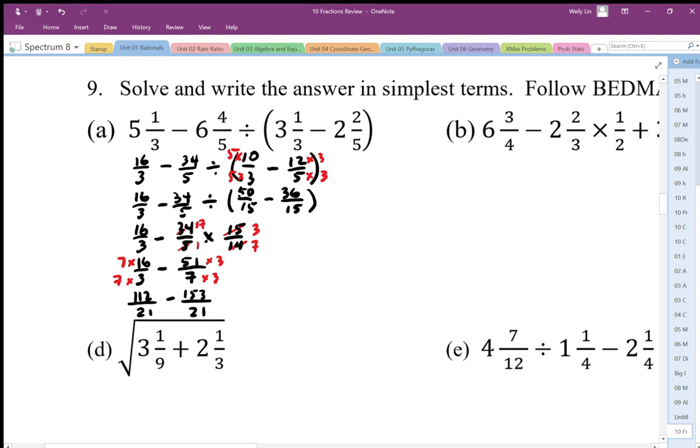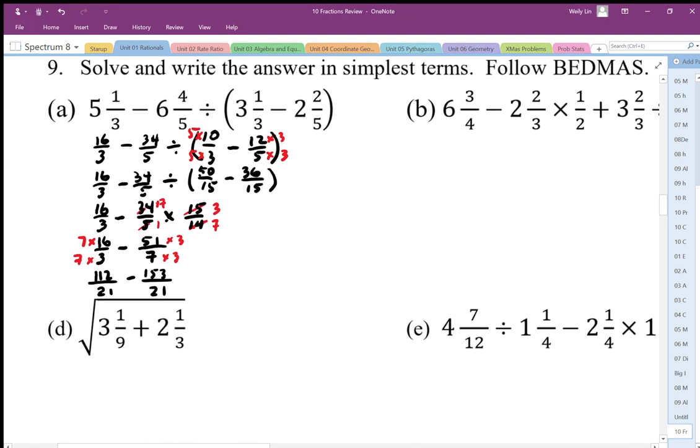Okay, so then once we've done that part, we can just evaluate that. So 112 minus 153, so it's going to give us negative 41 all over 21. 41 is prime, so that's going to be our final solution to that.